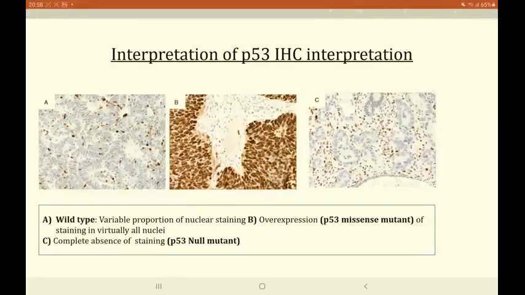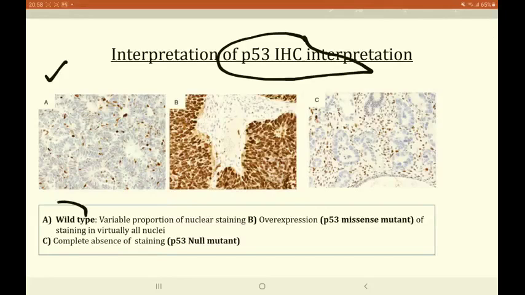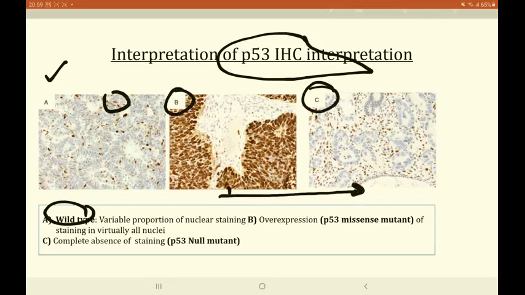This picture shows the interpretation of p53 immunohistochemistry. Picture A is of wild type, that is the normal type, so there is no abnormality. Here we see a variable proportion of nuclear staining of the glands. Now if you look at B or C, these are the abnormal ones, which are called the mutant type.